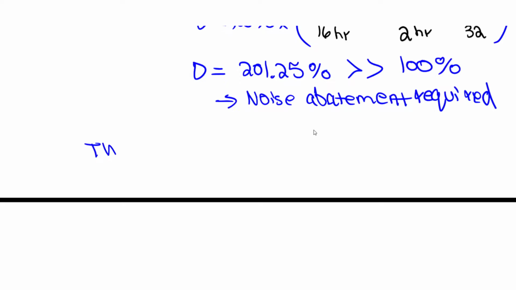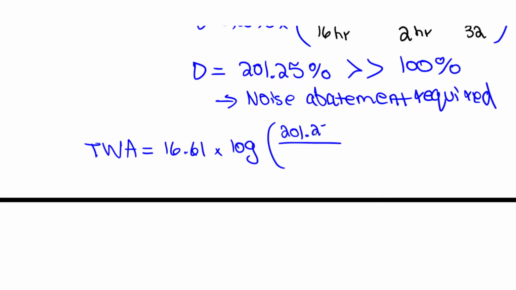You just take 16.61 times the log of the dose on top. The dose has to be in decimal, so I take the dose of 201.25 percent divided by 100, reducing the percent to a decimal, right? Then you close that and you do plus 90.